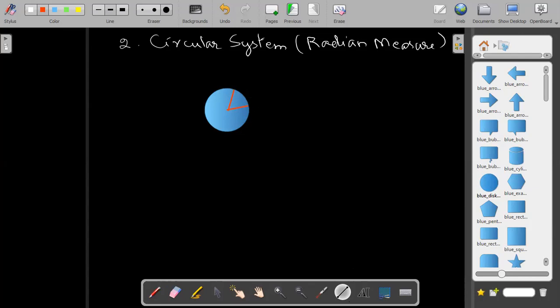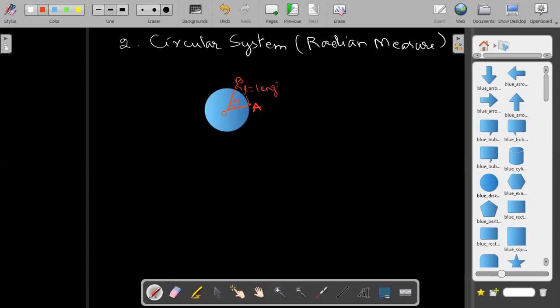Then you know that this is, suppose, point A, this is point O, and this is point B. Then this is the angle subtended at the center, and this length is what? L, length of the arc.